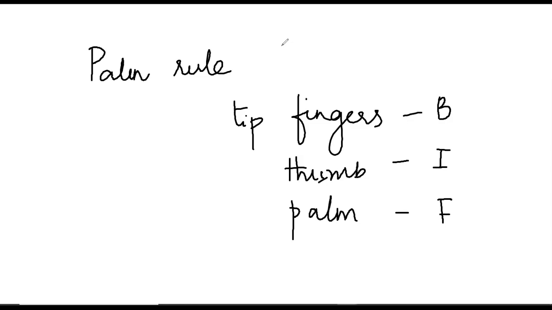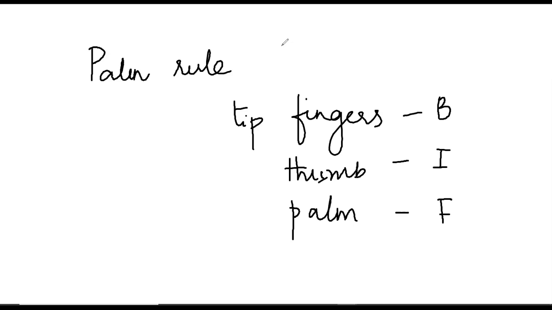So current is basically nothing but the direction in which the positive charge is moving, right? So the palm rule states that if you open up your right hand palm and hold it in such a way that the thumb shows the direction of the current, and the tips of your remaining four fingers show the direction of the field, then the palm is going to show the direction of the force that is going to be acting on the charge or the conductor.